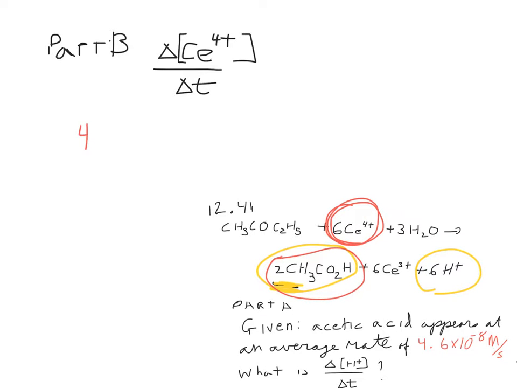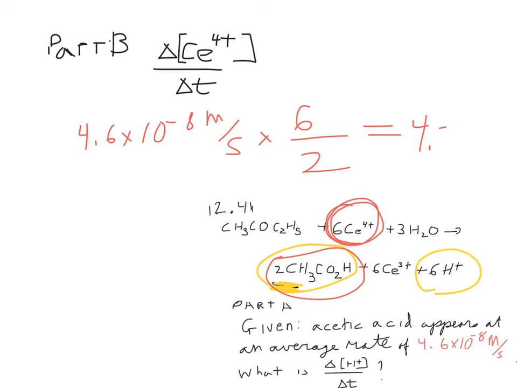So if I have a 4.6 times 10 to the negative 8th molar per second, times, divide by 2 acetic acid to cancel it out, times 6 to get where I'm going, and surprise, surprise, I wind up with the same answer when I do the same math.